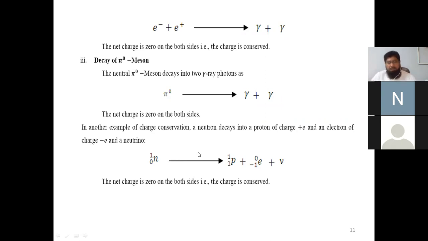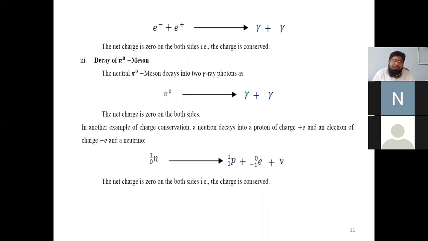You know that there are certain radioactive elements in which alpha, beta and gamma radiations are emitted from the nucleus. We call that element a radioactive element. Now, if this is the radioactive element which emits a beta particle, the question is how the beta particle, which is actually a negative particle, is emitted from the nucleus.